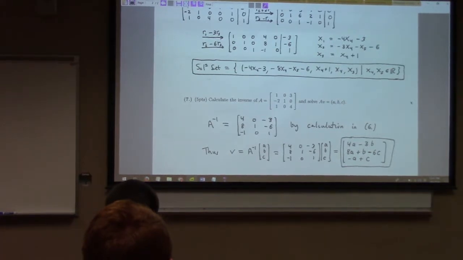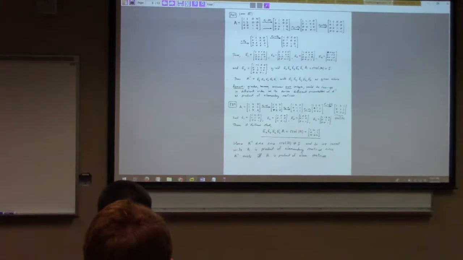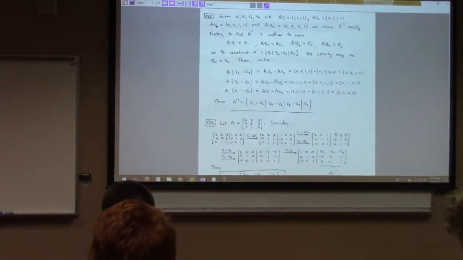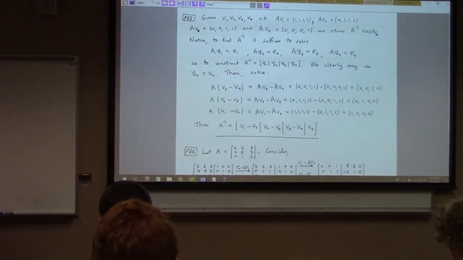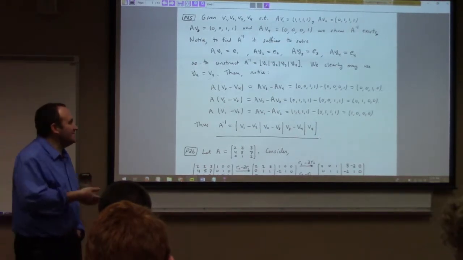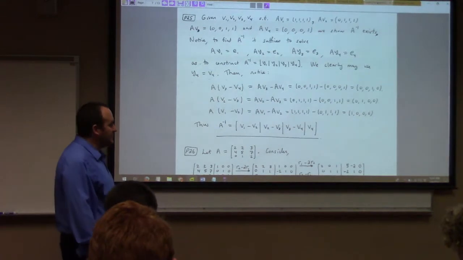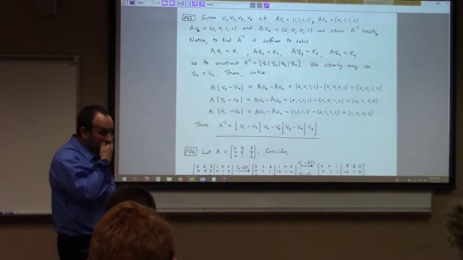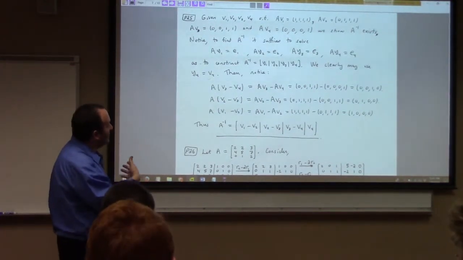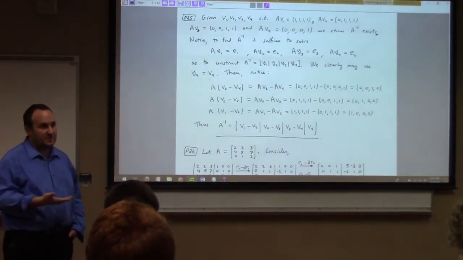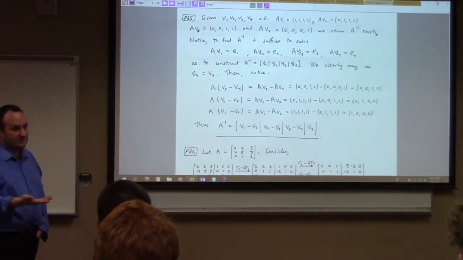Like this problem we had in the last homework. Was it mission 2? Like problem 25, right? Sometimes if you tried to approach this by just putting it in a matrix and row reducing it, you wouldn't have been able to do anything, because I haven't actually told you what V1, V2, V3, and V4 are, except to know that when you multiply on A, you get these various quantities.